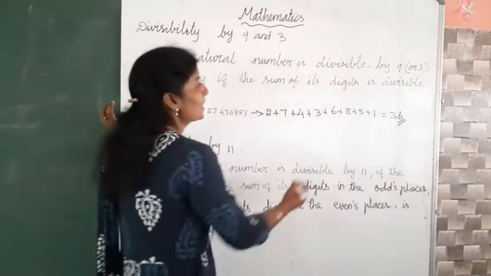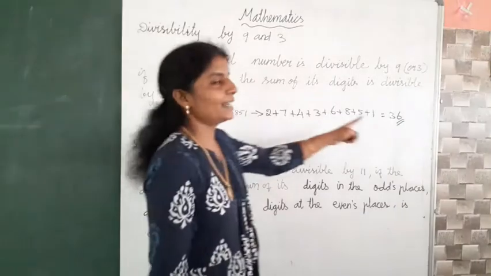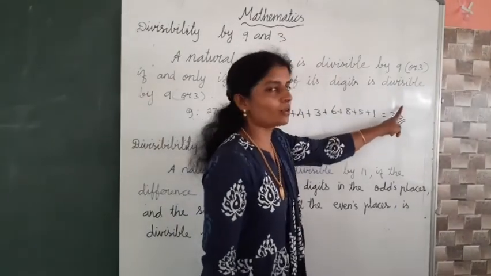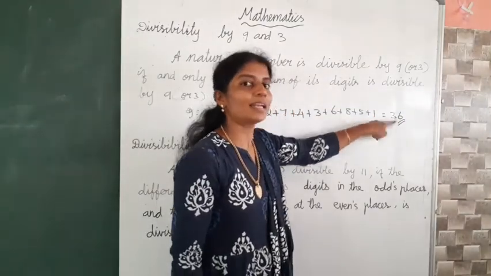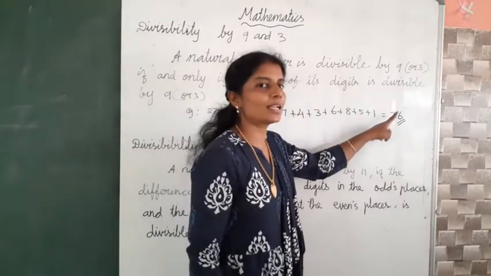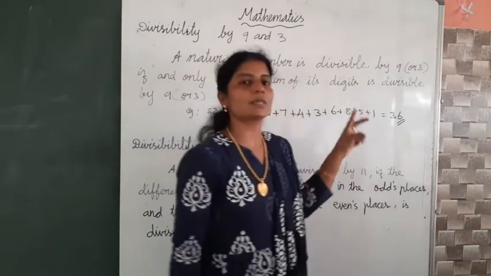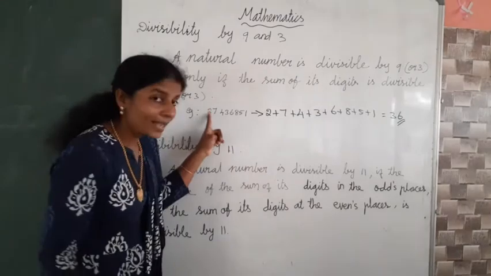Now we can say 36. 9 fours are 36, isn't it? We have the 9 table, then the 3 table. 1 3 is 3, 2 3s are 6, and so on; 12 3s are 36. This 36 is divisible by 9 and 3. So we can say this number is divisible by 9. If the sum of the digits is divisible by 9, the number is divisible by 9.